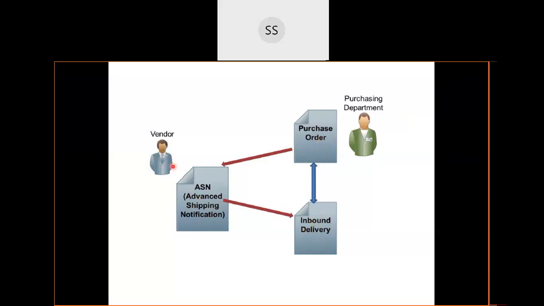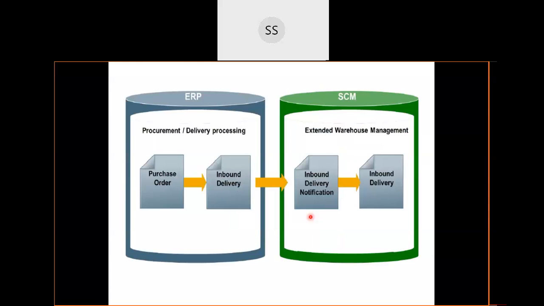If our systems are connected with the vendor system, then the ASN takes place. Otherwise, the purchase order is used to create the inbound delivery manually. Once we have the inbound delivery, either created automatically with reference to the ASN or manually with reference to a purchase order, the EWM documents are created in the EWM system, and then we use them for our warehouse execution.